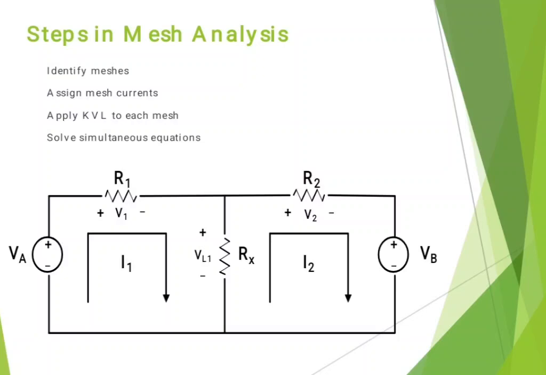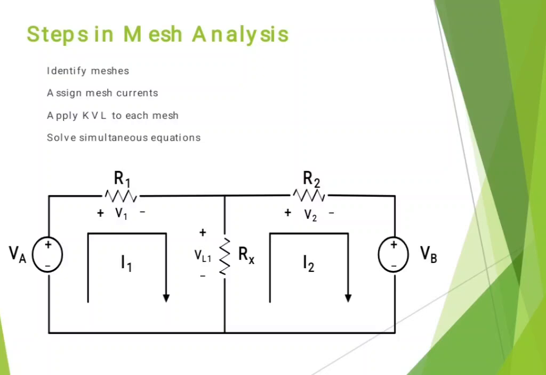What are the steps we have to follow in mesh analysis? First, identify the meshes, how many meshes are there, and assign the mesh currents. Then apply KVL to each mesh to get simultaneous equations, and finally solve them.